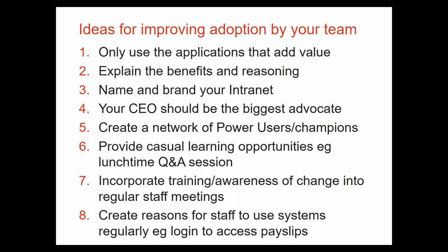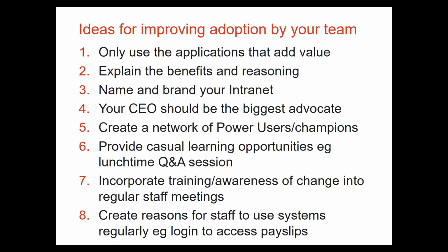Now, one of the most common things that we see across organisations is poor adoption. And usually the poor adoption is because you've implemented something that your staff don't need or want. But if it is something that they need, and you just need to convey that to them, these are some of the ways that we help organisations do that.